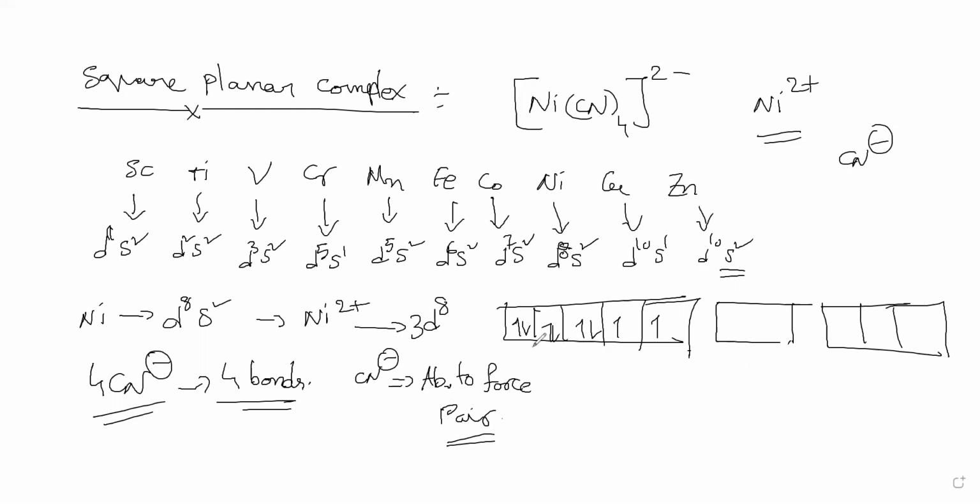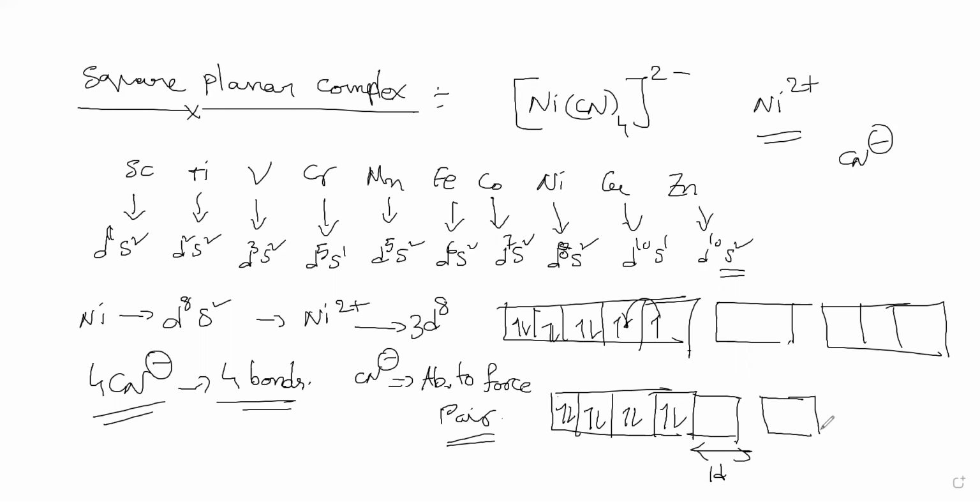So what it does is that before its arrival itself, it will push this electron here. So you have 1, 2, 3, and 4. You have the extra 3d orbital here. And now 1s, that is the 4s orbital, and the 4p orbitals.